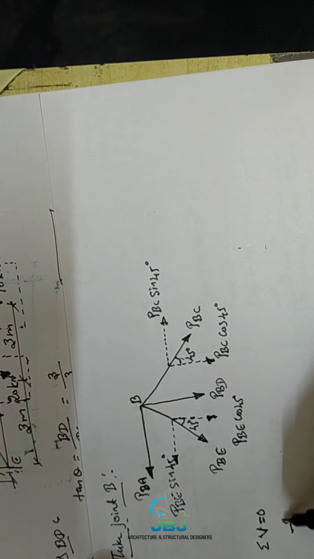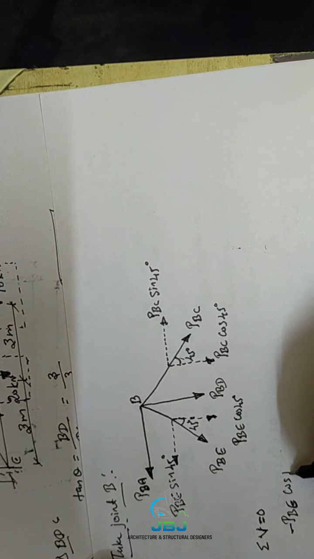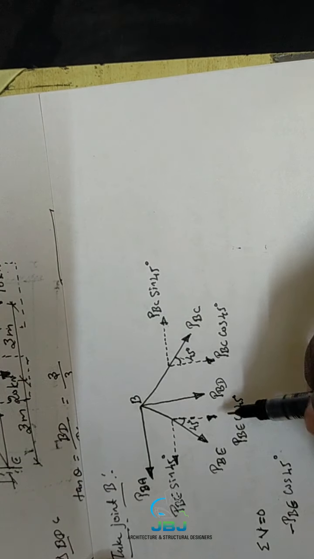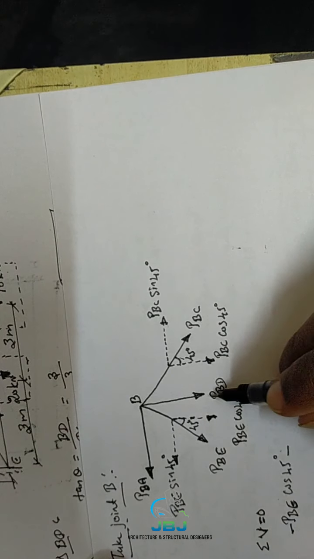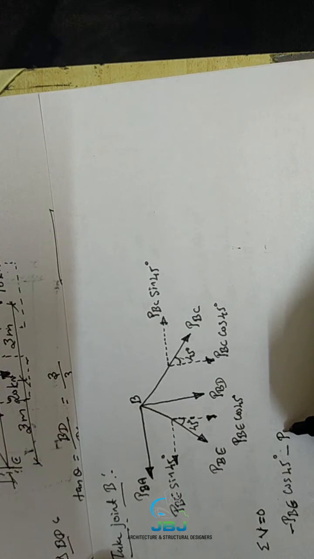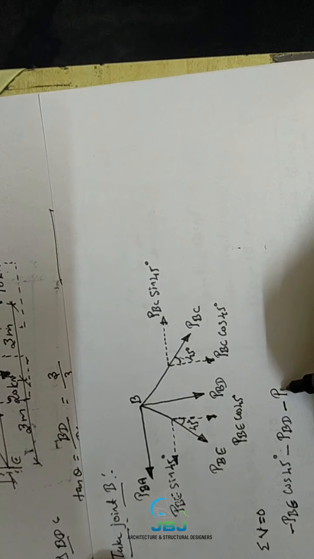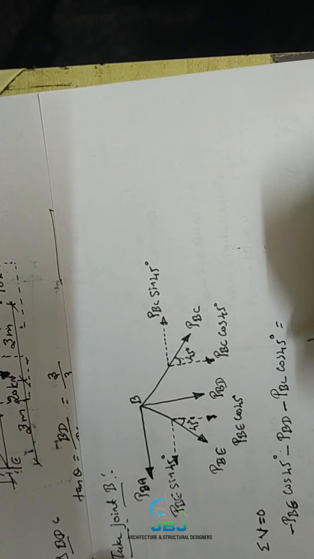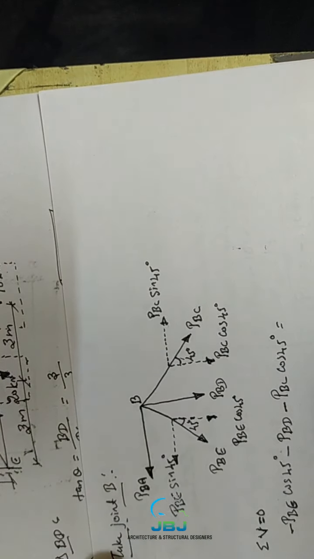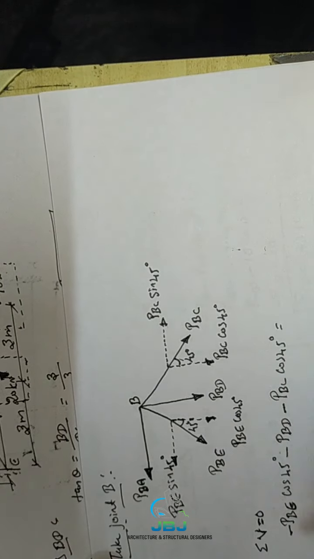Here the first one is minus PBE cos 45 degrees. Then second, minus, which is also acting in the downward direction, so minus PBD. Then finally PBC cos 45 degrees. Do you know the value of PBE?